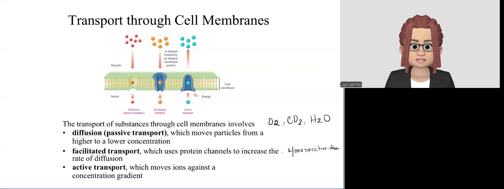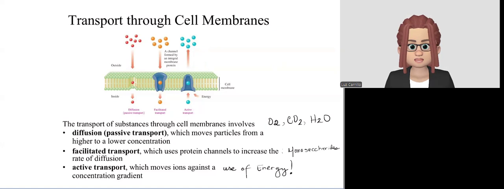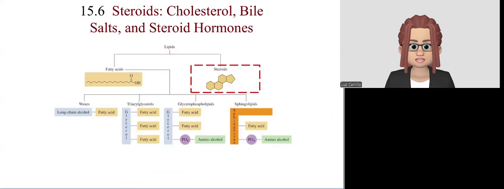But the key for active transport is going to be the use of energy. So that energy molecule that I keep on talking about, ATP, is going to be utilized in order for active transport to occur. Now that we have talked about fatty acids, let's move on to talk about steroids.